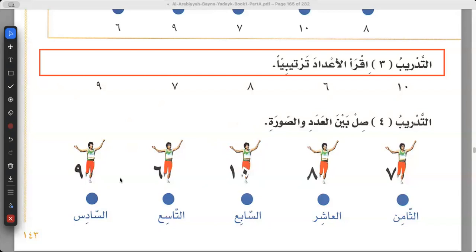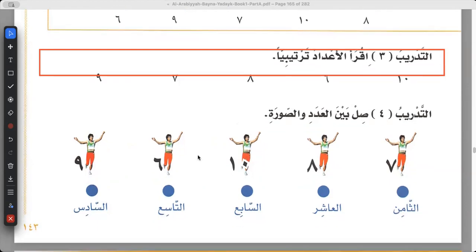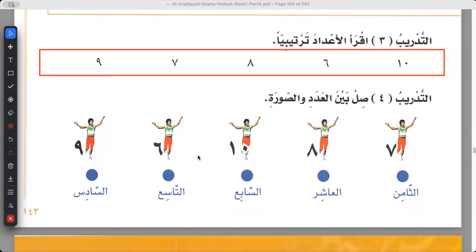Al-Ashir. No, you are asked to read Tertibiyan. Okay. You start from 6.